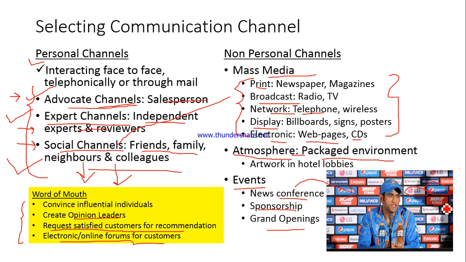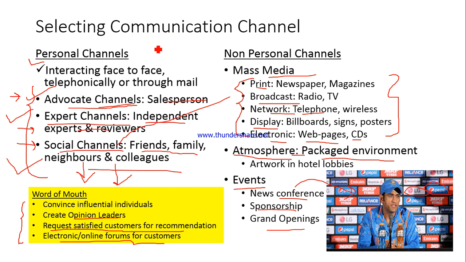Have a look at this, MRF tires, right? Have you seen the Close-Up Antakshari? Antakshari, an event and a program telecast on television, was sponsored by Close-Up. So what is the kind of image that Close-Up is trying to project? This is fine. So you have to choose your communication channels very, very carefully.